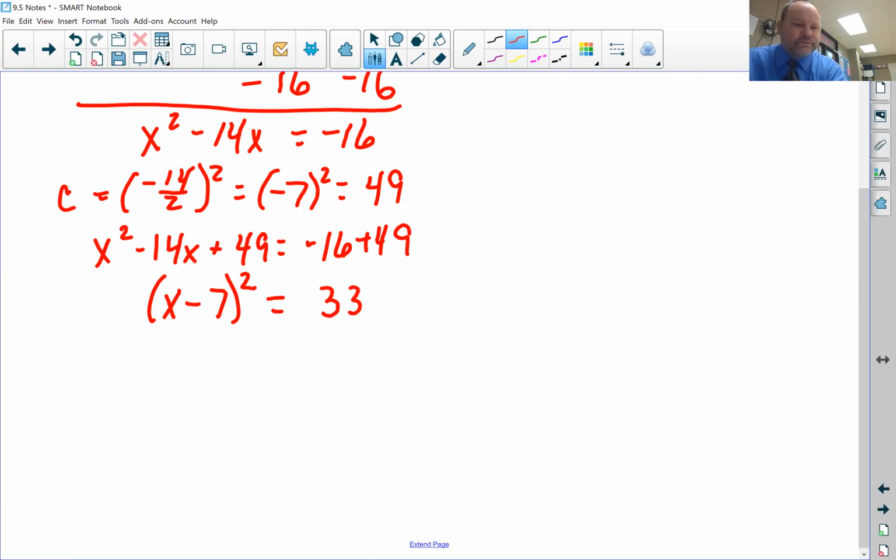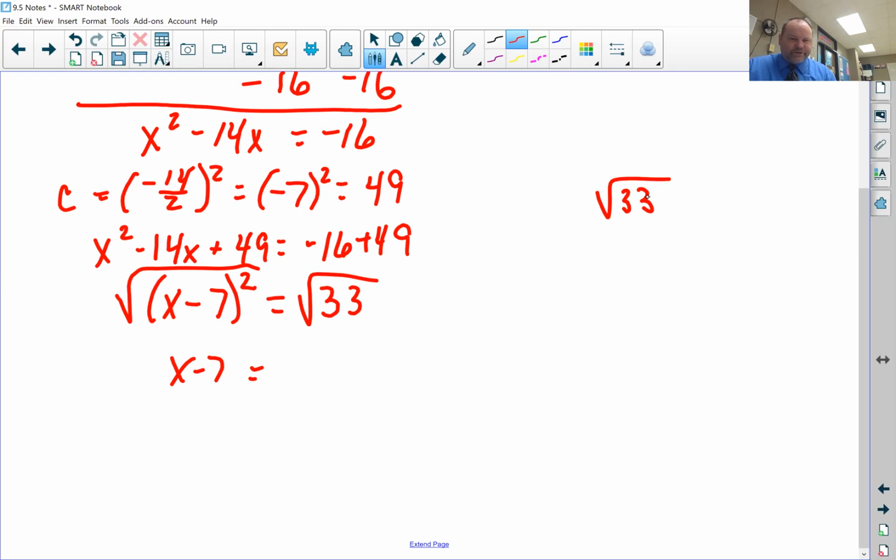Take the square root. And I should see if I can remove any perfect square factors from 33, square root of 33. 3 divides into 33 11 times. Both of those numbers are prime. So I don't have any pairs, if I use my factor tree, that give me a perfect square factor that I can pull out.